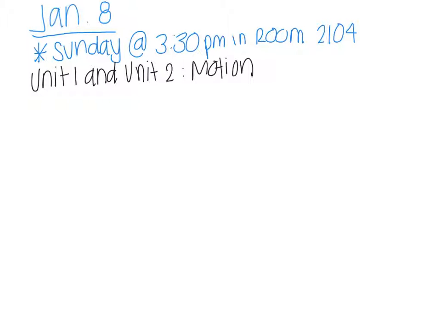We are looking at mass versus weight, Newton's first law, motion diagrams. This is where you get your first idea of FBDs. And so in order to start this, I just want to look at D versus T and V versus T graphs, okay? That's what I want to look at for Unit 1 and Unit 2.